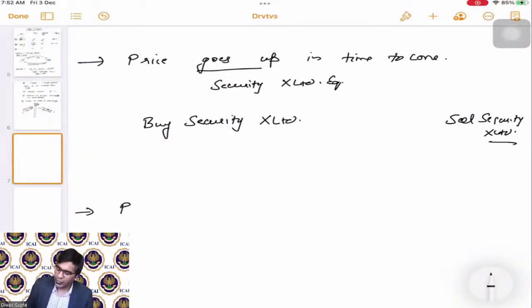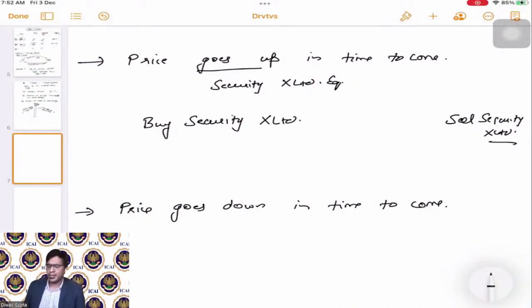Now, the new part for a lot of us will be: what if we have information that the price goes down in time to come? How am I going to react here? Again, the same security.